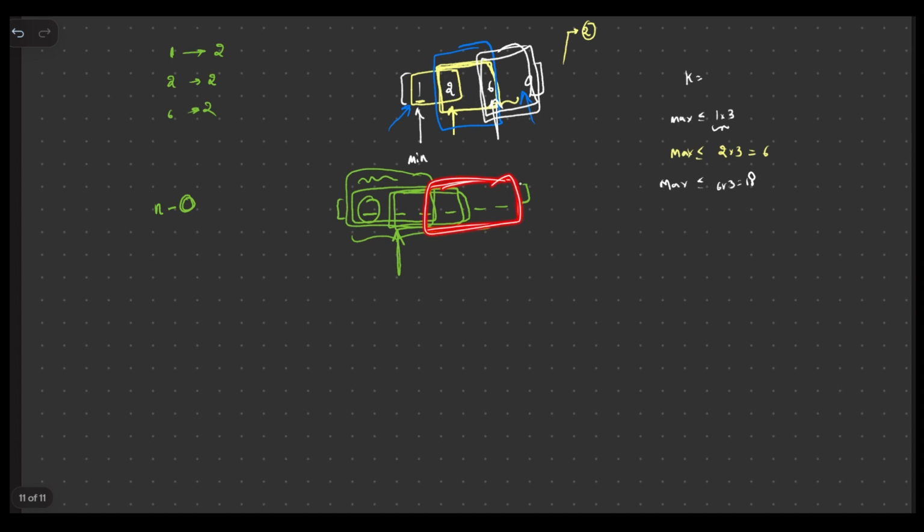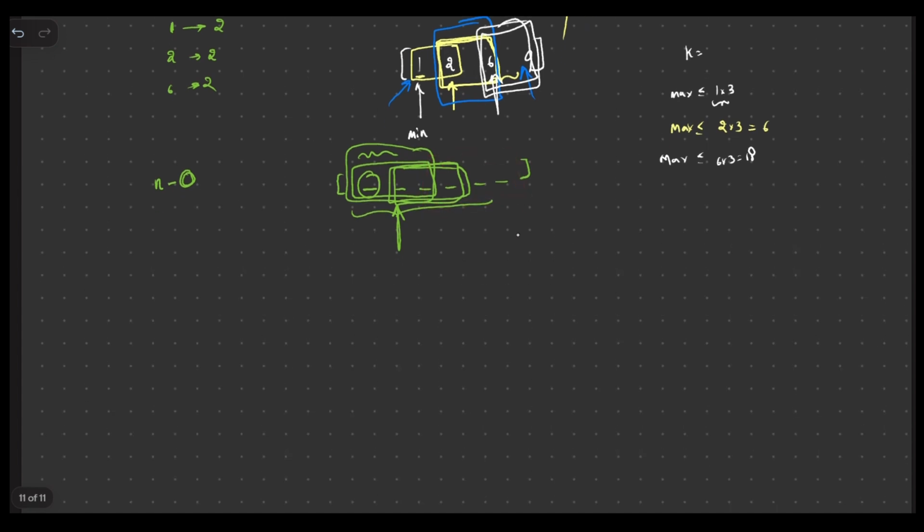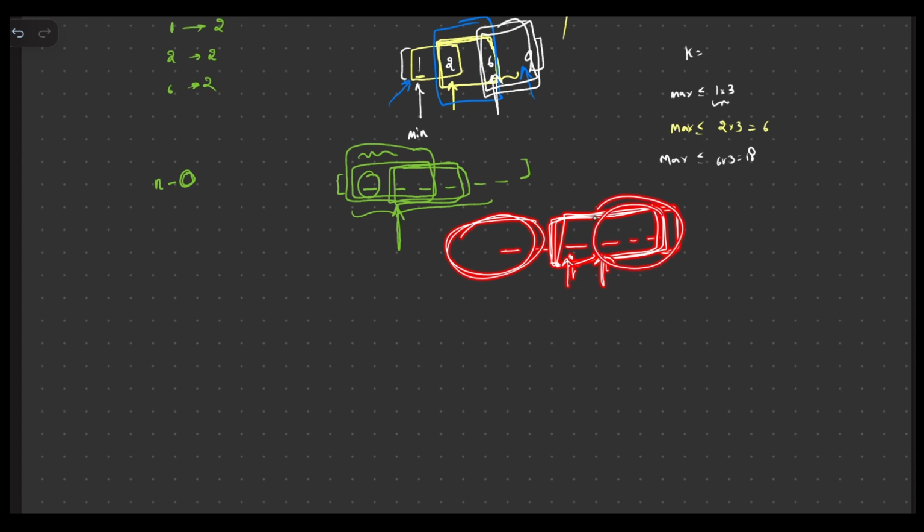When will we stop? Until our subarray reaches the last element, because if we are here, then the number of elements to be removed is only these elements.